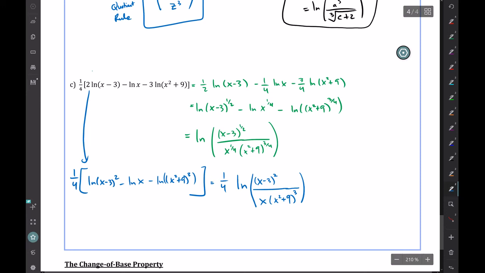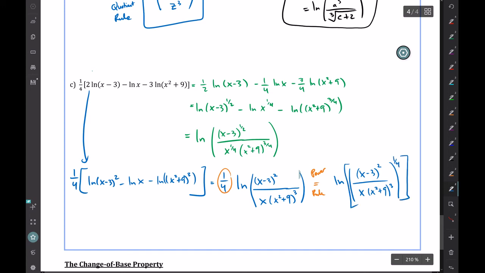And now, because you have this 1/4 out front, you could bring that in as a power of this whole thing, right? So by the power rule, this becomes ln of (x-3) squared over x times (x²+9) cubed, all raised to the 1/4 power.